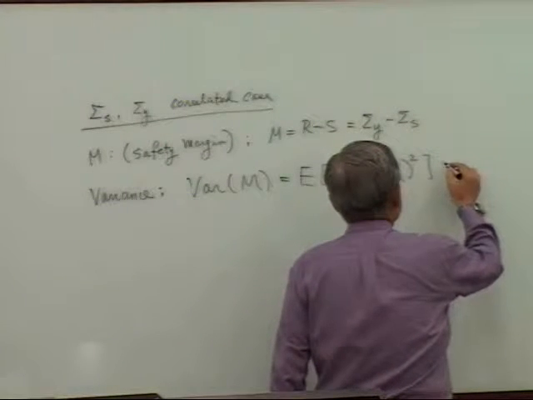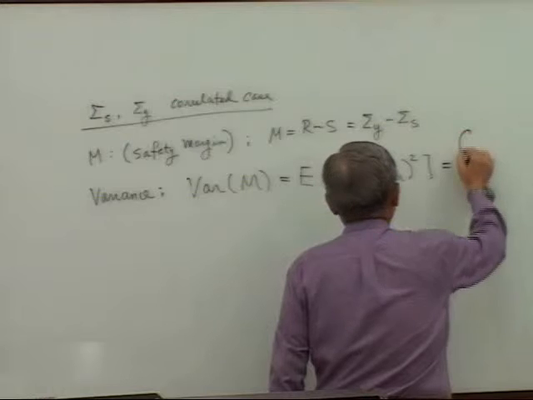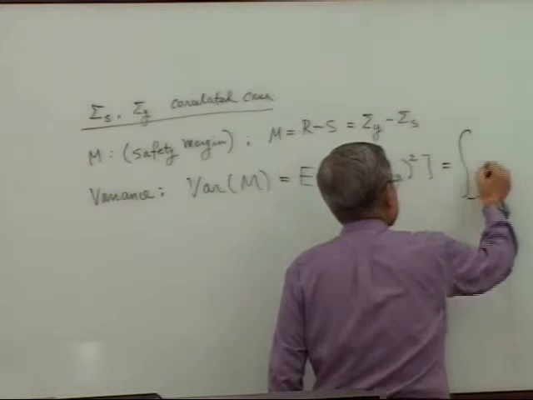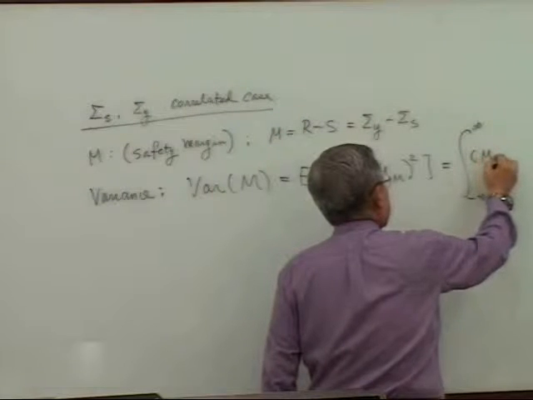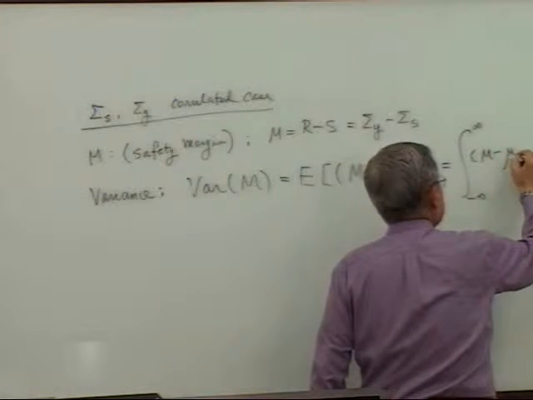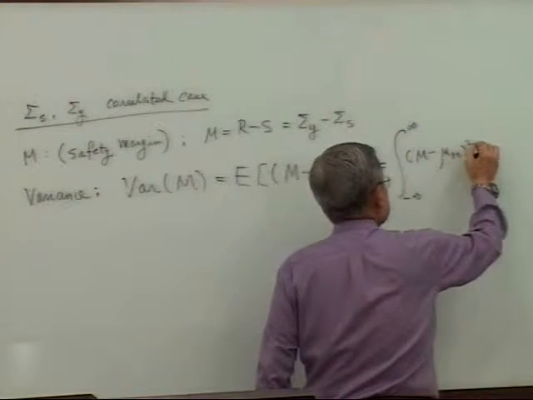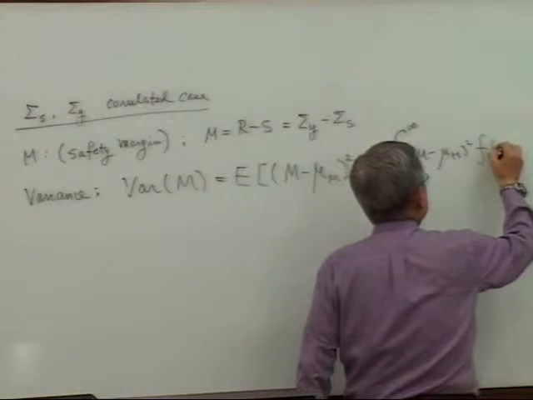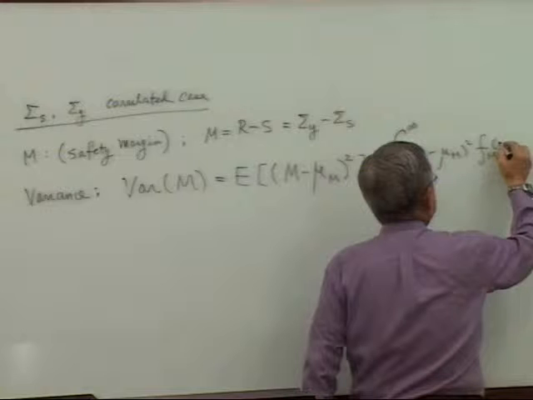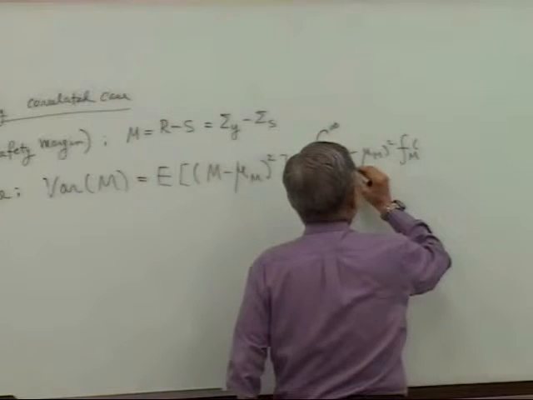Or you can write this as the integral from minus infinity to infinity of (M minus mu M) squared f of M. Should I use M?